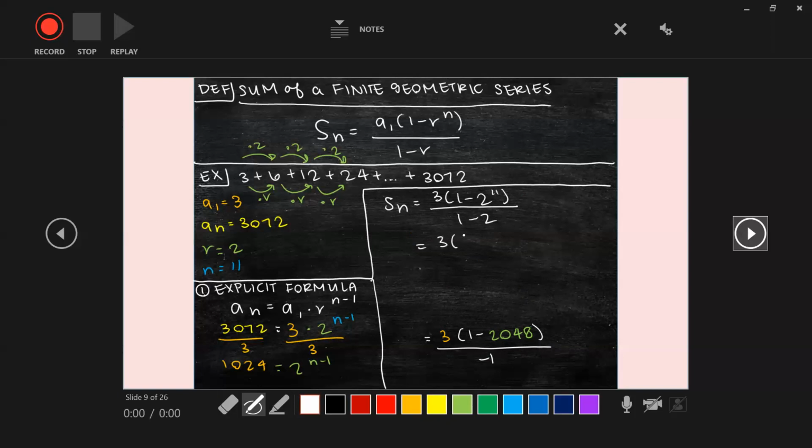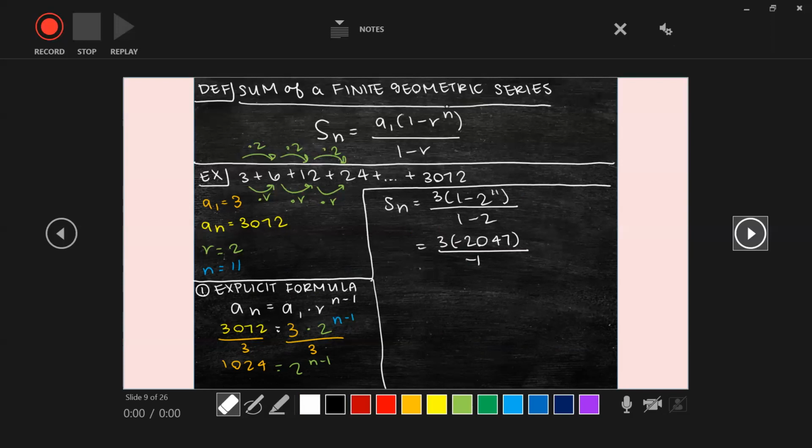So it'll be 3 times what? Negative 2047. Three times negative 2047 is what?